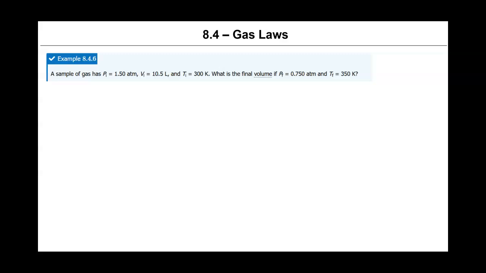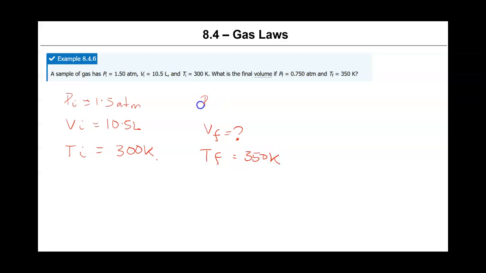So here we go. It says a sample of gas has P initial 1.5 atm, V initial 10.5 liters, and T initial 300 Kelvin. We're asked to find the final volume if T final equals 350 Kelvin and P final equals 0.75 atm.